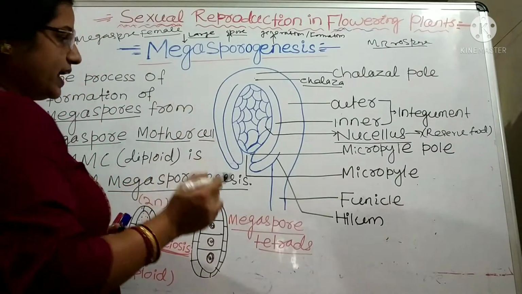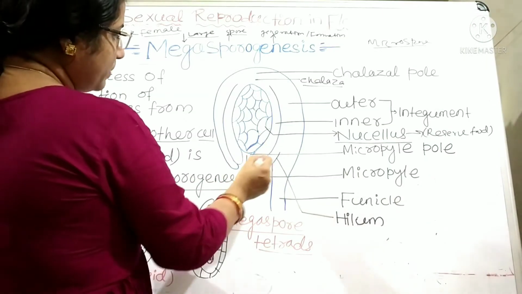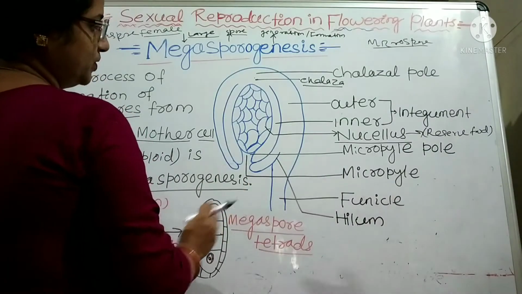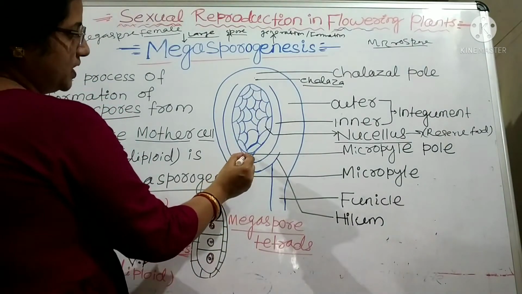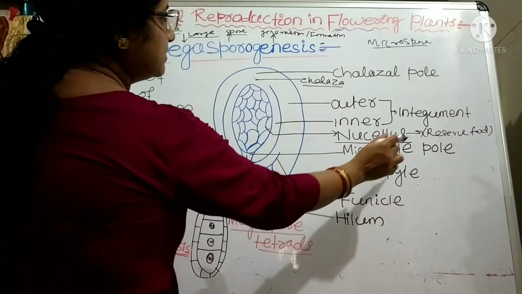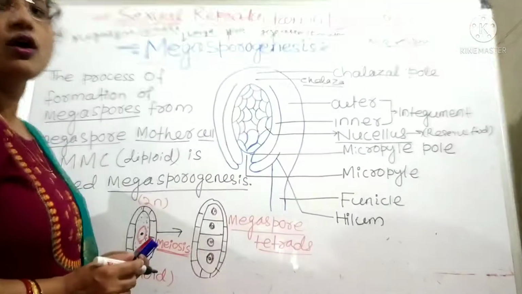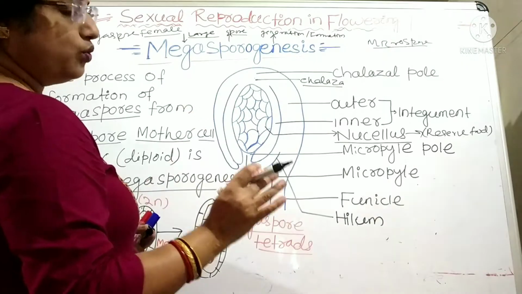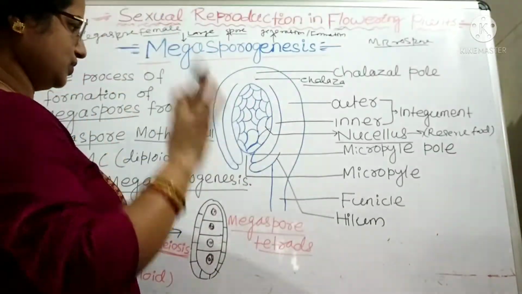Where the integuments are absent, the opening portion is known as micropyle and the pole is known as the micropylar pole, which we have already discussed.